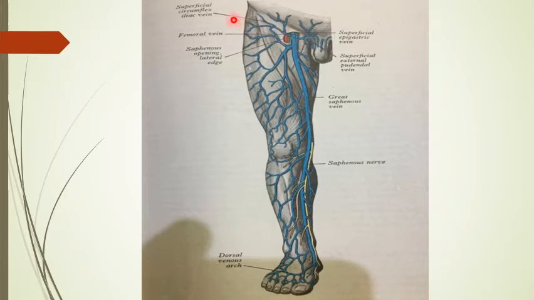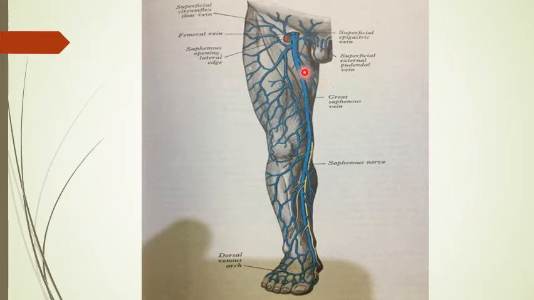So 3 veins are joining over here: the superficial circumflex iliac, from the anterior iliac spine along with the ilium of the hip bone and the area above that; the superficial epigastric from the hypogastric region below the umbilicus; and the superficial external pudendal which drains the genitalia.